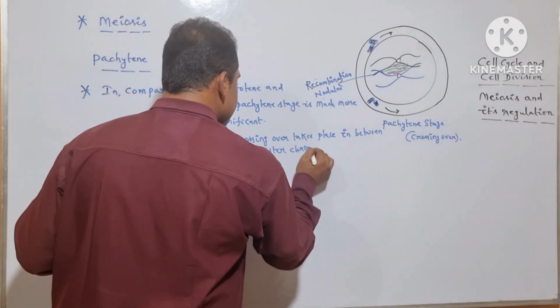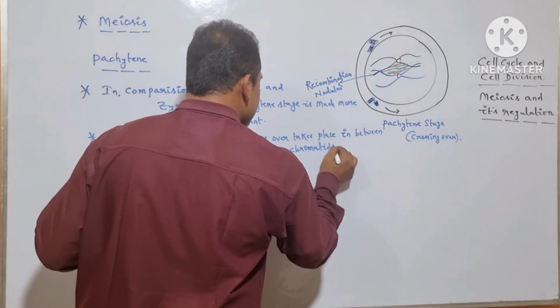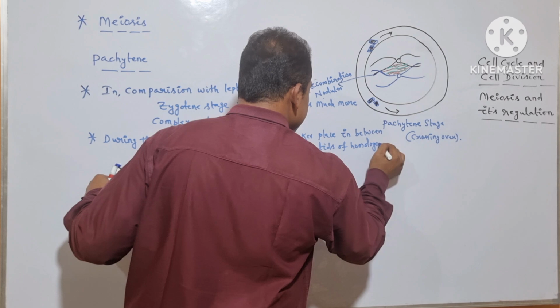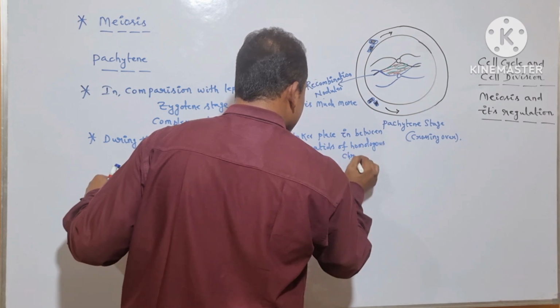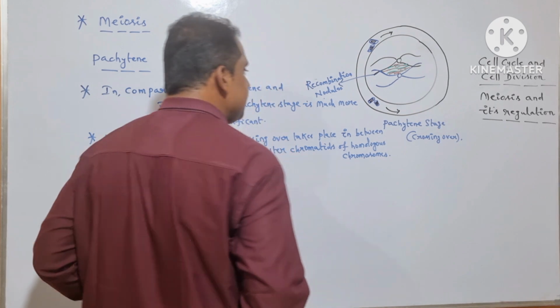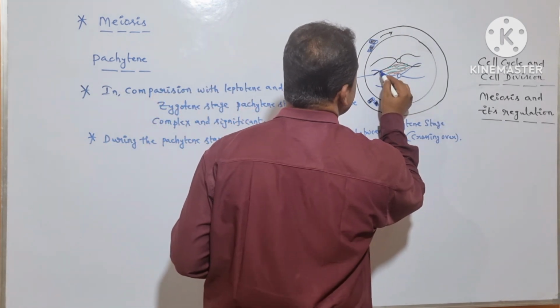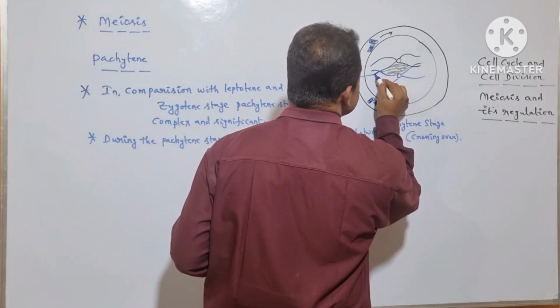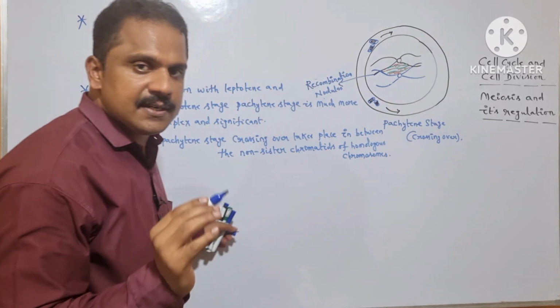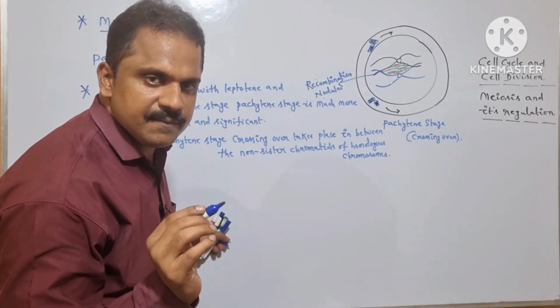Non-sister chromatids of homologous chromosomes, right? So here the specific region where the crossing over has taken place, we can observe an X-shaped structure, and this X-shaped structure is termed as chiasmata. Is it clear?